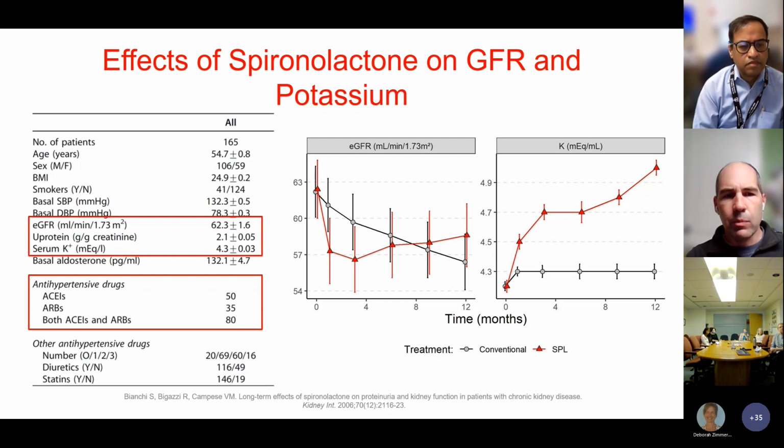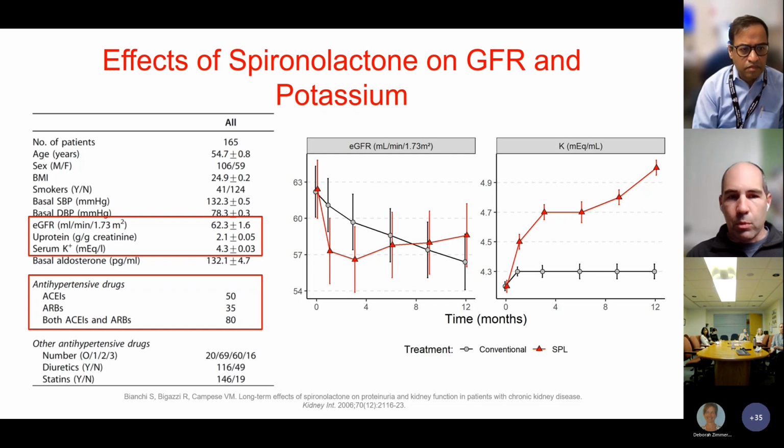And importantly, most of these people were either on an ACE inhibitor or an ARB. So most of these studies are add-on therapy to traditional treatment. And this time they had a comparator group that's a little bit better than what we've had before. So they had a conventional treatment arm and compared this to the people that were put on spironolactone.